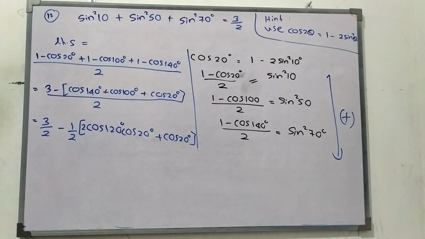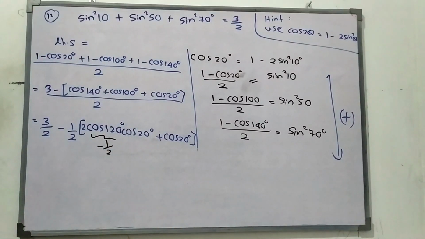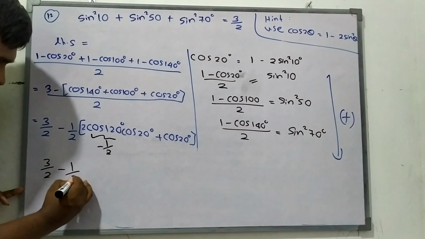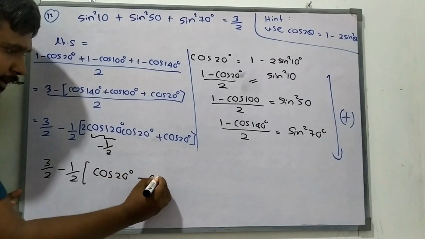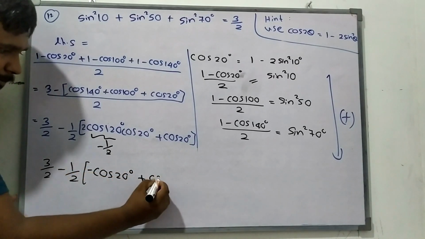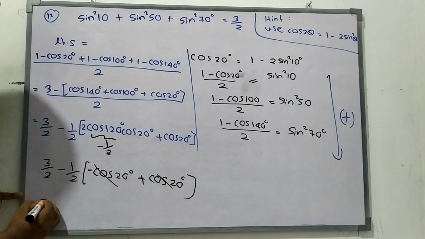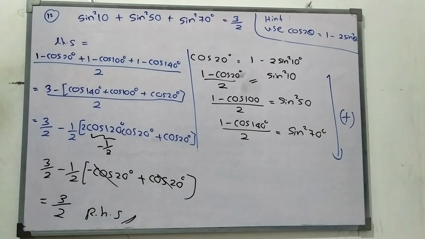So actually cos 120 is minus half. So these two cancel. Then minus cos 20 plus cos 20 remains, so these two get cancelled. The answer is 3 by 2, the right hand side.